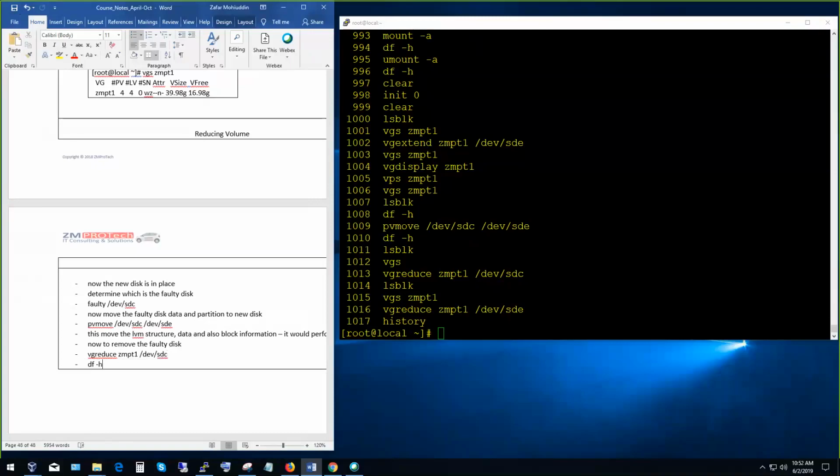So when you do the vgreduce, that just goes back to the original. Did it just make the drive smaller? No, no, it's not making it smaller. Reducing just means removing it.